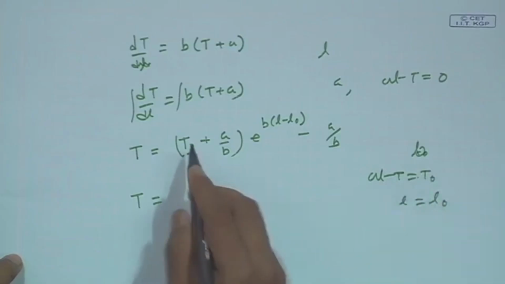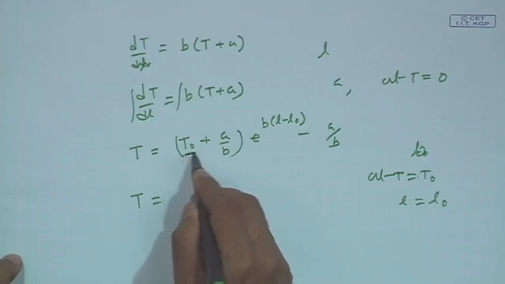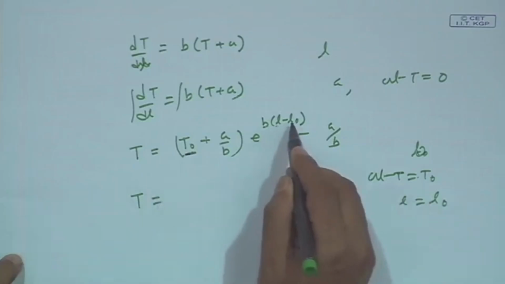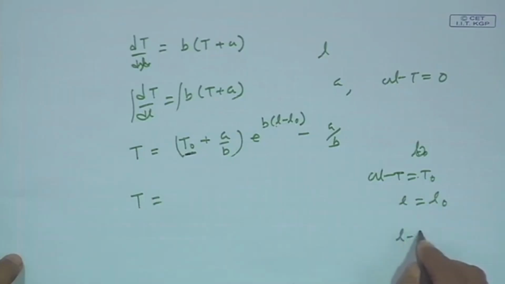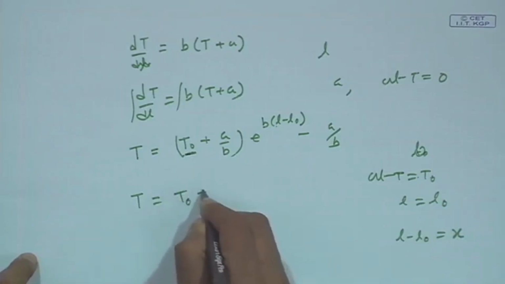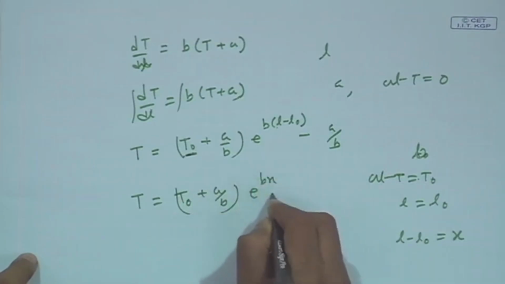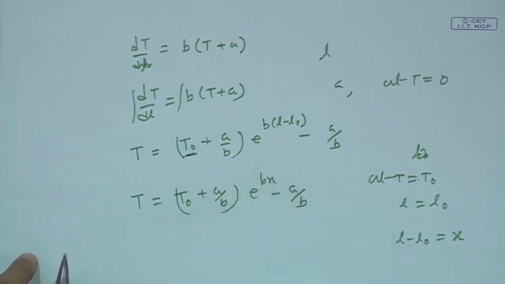At static tension T0, L minus L0 is nothing but a change of length, which I can define as x. So I can say T equals (T0 plus a by b) e to the power bx minus a by b.